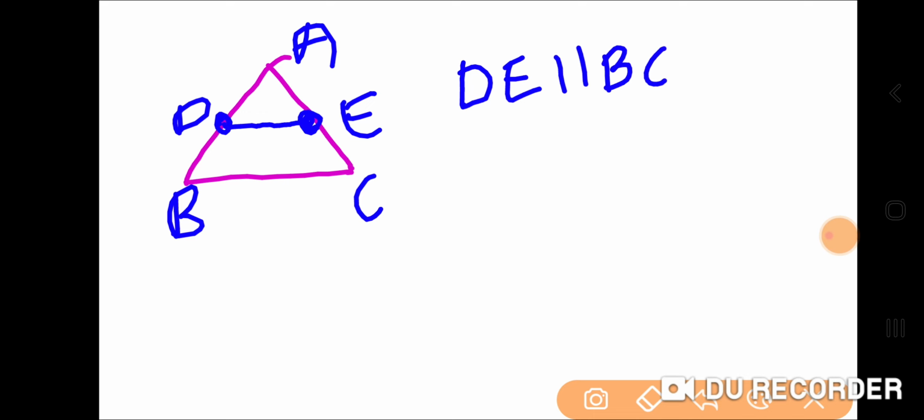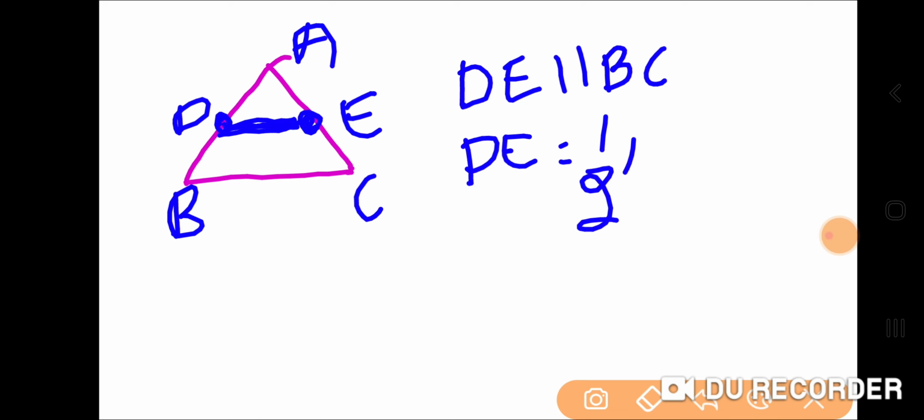It means the newly formed line segment will be parallel to the third side, and DE is also half of BC. This is the statement of the theorem.